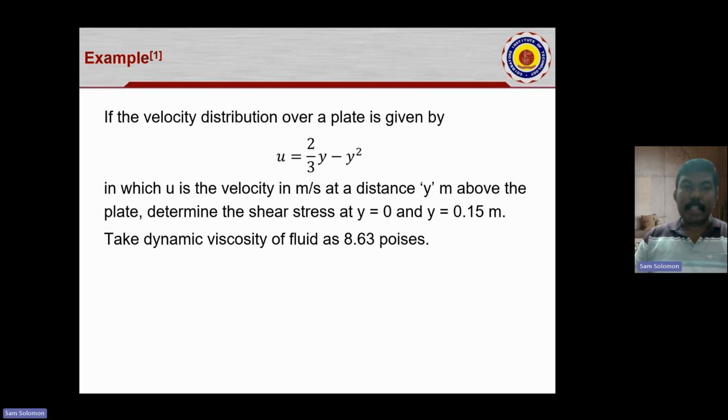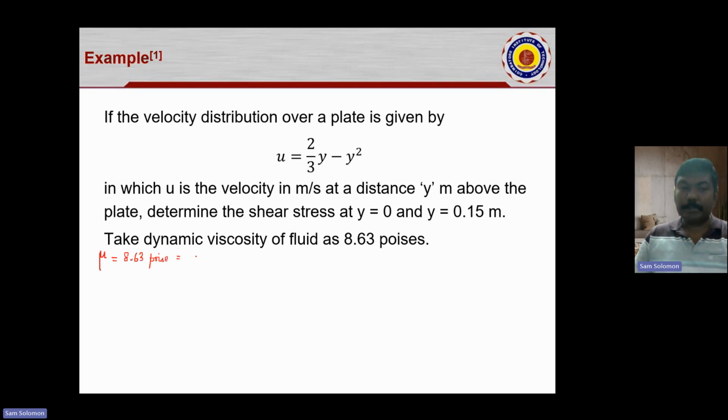Now in this particular example, u is equal to 2 by 3 times y minus y squared, and u is the velocity in meter per second at a distance y meter above the plate. Determine the shear stress at y equal to 0 and y equal to 0.15 meter. And they want us to take the dynamic viscosity of the fluid as 8.63 poise.